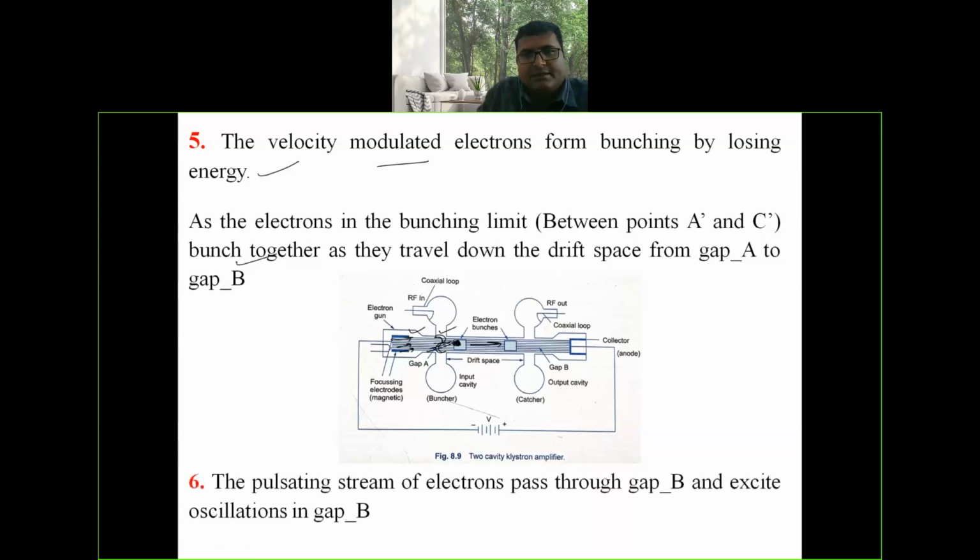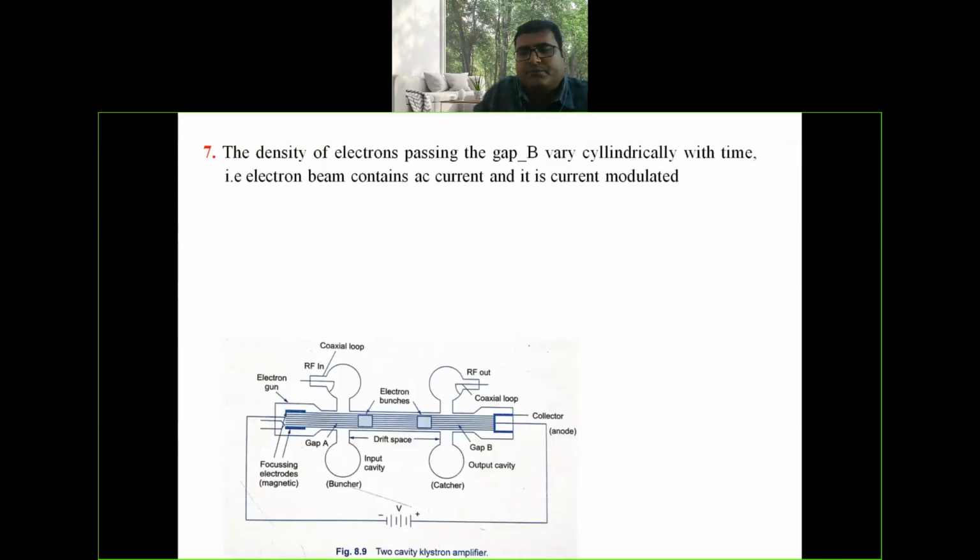The pulsating stream of electrons pass through gap B and excite oscillations in gap B. Here, the electrons which form bunching will move in the drift space and enter into the catcher cavity gap, excite oscillations in the catcher cavity gap, and form output voltage.